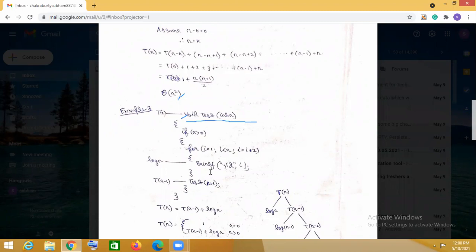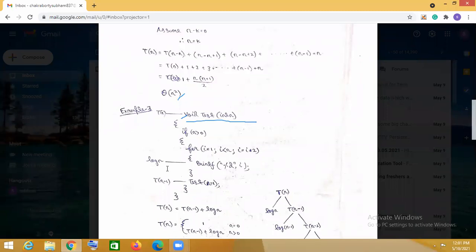Mainly if for I equal to 1, I less than n, and then I into 2, if the loop looks like that, then the statement present inside the loop will be executed log n times. Now, in this case, I have not shown it, but you can write also that this statement will be log n plus 1, and this statement will be 1 time, because it is a normal statement, so it will take one amount of time, and the loop, we know that the loop is executed n plus 1 times, so it will be log n plus 1.